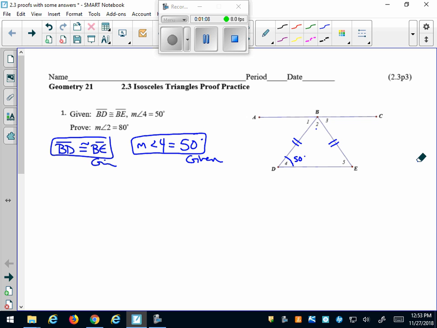Based on this first given, and keeping in mind the unit that we're in, what conclusion can we make from that given that BD is congruent to BE? Good. Angle 4 is congruent to angle 5. So we can mark that in our diagram too.